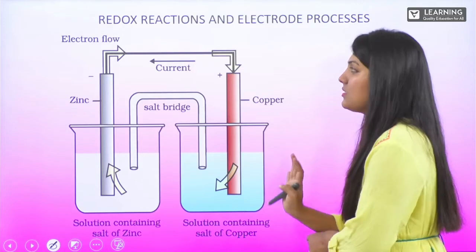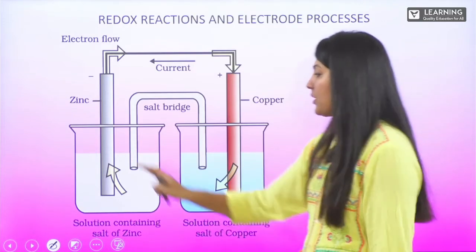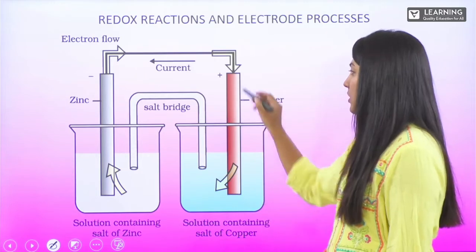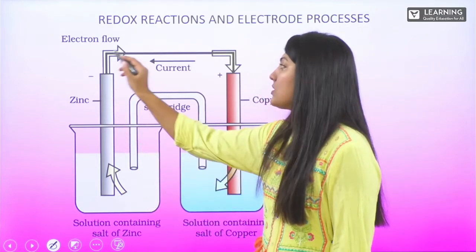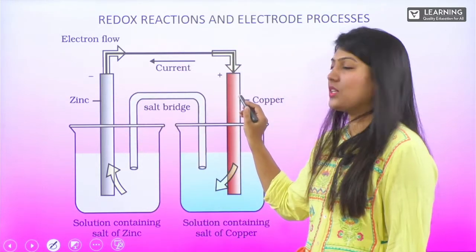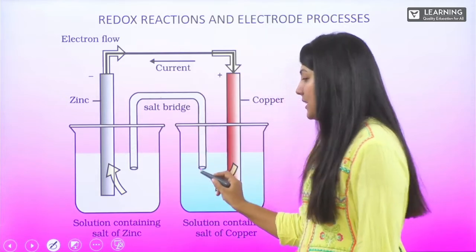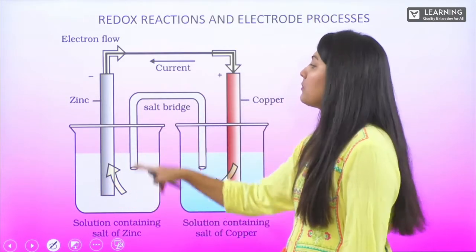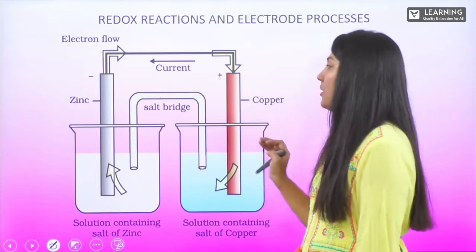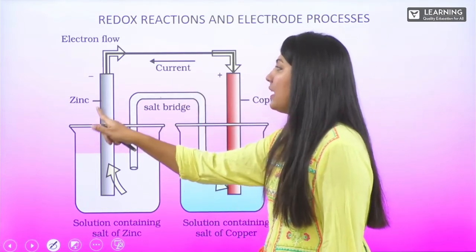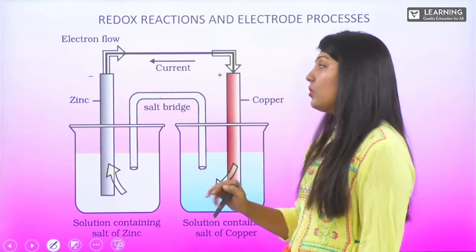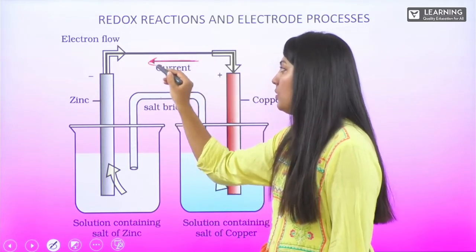So this is the setup. You can see the zinc sulfate solution and copper sulfate solution with the copper rod and zinc rod, which have been connected externally, and this is connected internally. The salt bridge helps in movement of ions to balance it. So it completes the circuit where you get the electrons traveling from zinc to copper, but the direction of current will be from positive to negative.